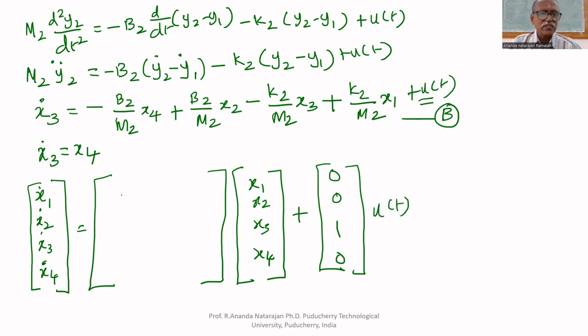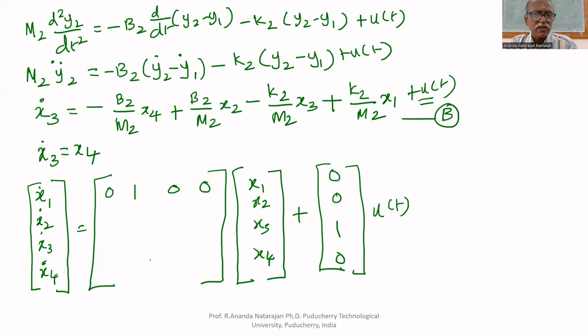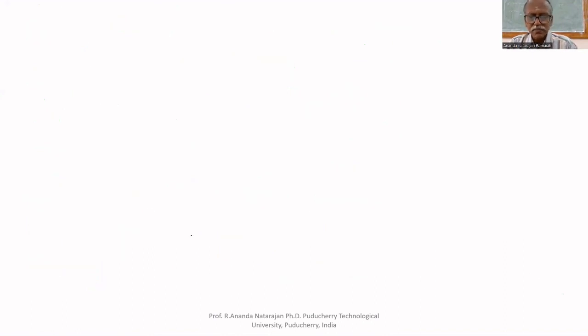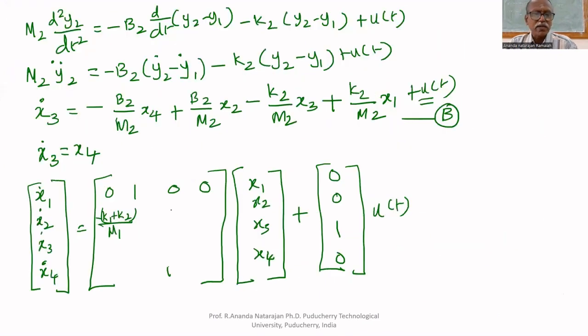Here, what are the coefficients of the first equation? x1 dot equal to x2. Therefore, 0, 1, 0, 0. Then this equation we have to consider. The coefficient of x1 is minus (k1 plus k2) divided by m1. The second element is minus (b1 plus b2) divided by m1.